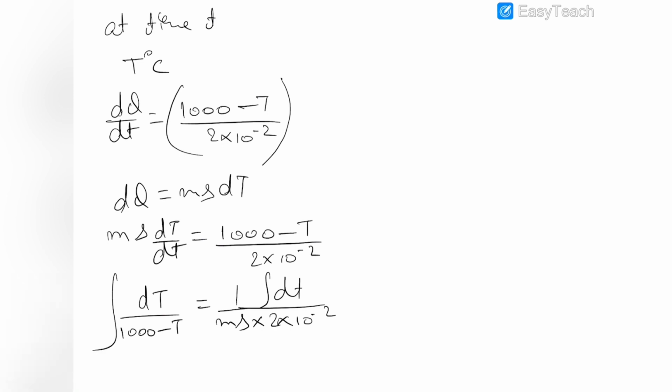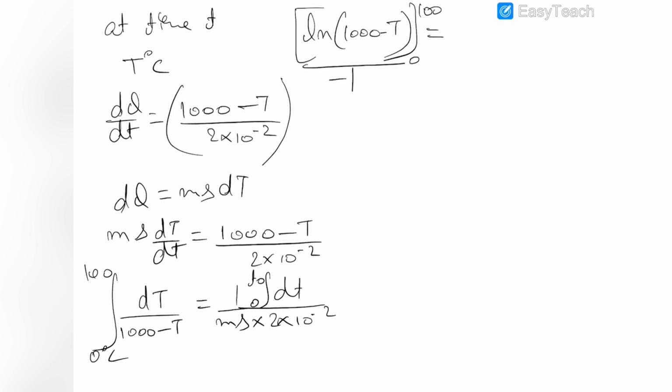The limit of temperature would be from 0 degrees Celsius to 100 degrees Celsius, and the time would be from 0 to t0, where we have assumed t0 is the time in which the temperature of water will reach 100 degrees Celsius. The integration of this side will be ln(1000 minus T), with limits from 0 to 100, divided by minus 1, and on that side it will be t0 upon m s into 2 into 10 raised to power minus 2.